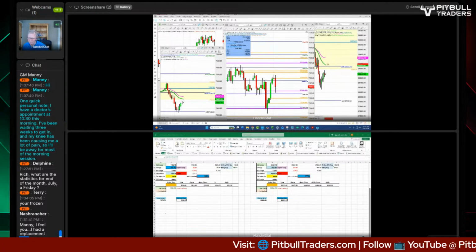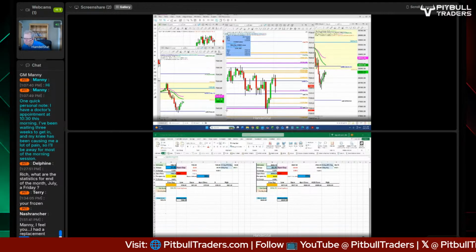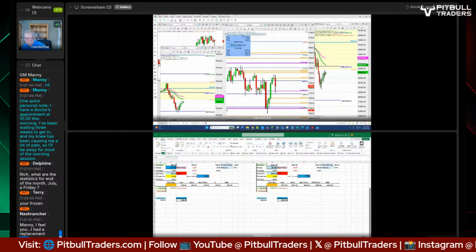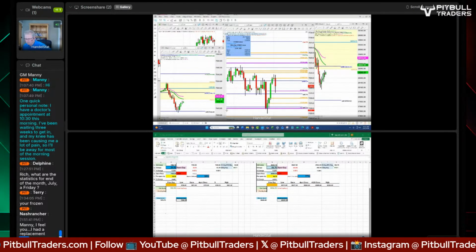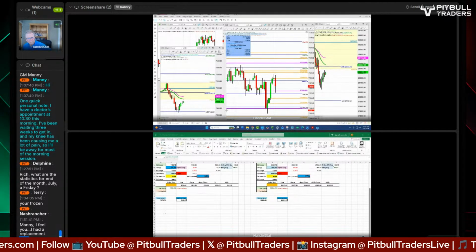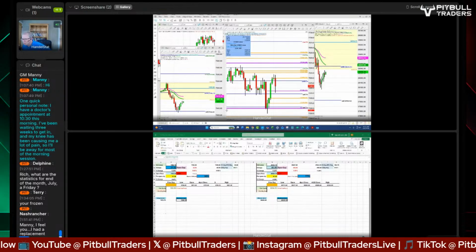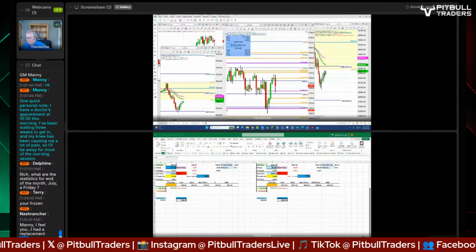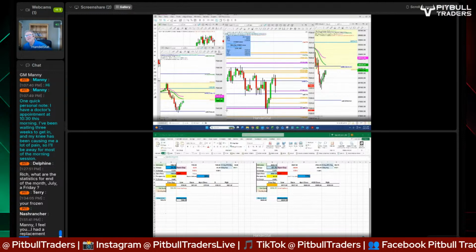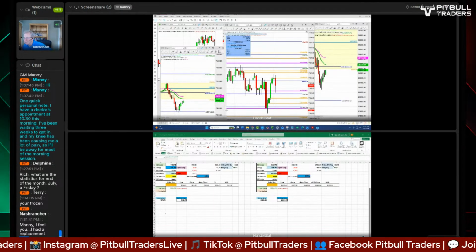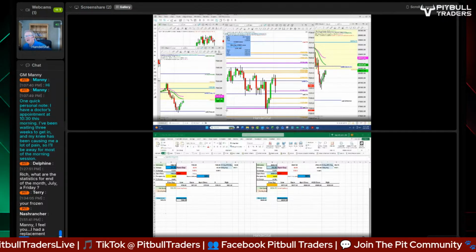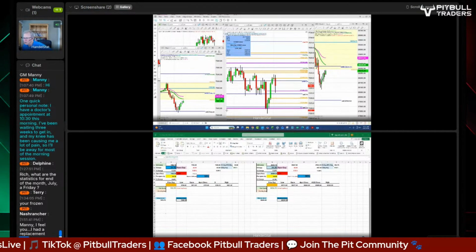That stands for Big Green Line. A little story behind that, but that's what that is. 21 period simple moving average. Let's see. We're there. It should move up a little bit here. Even Intel could move up. 24.